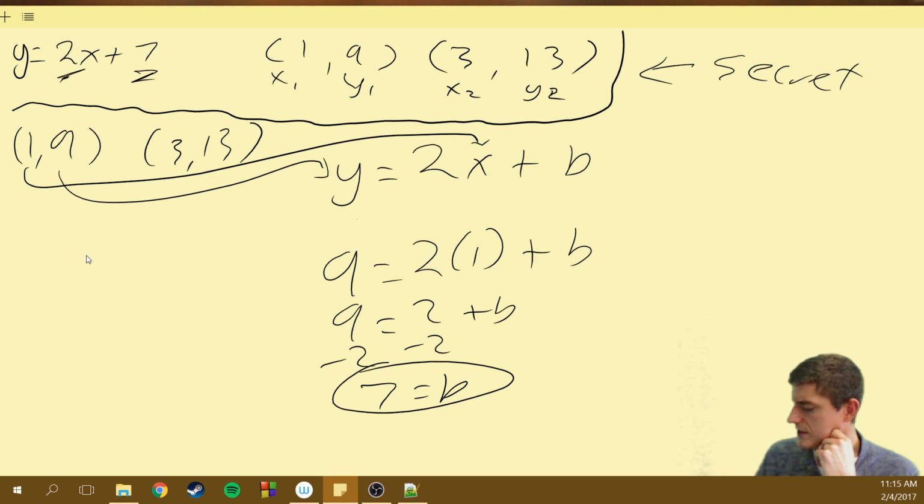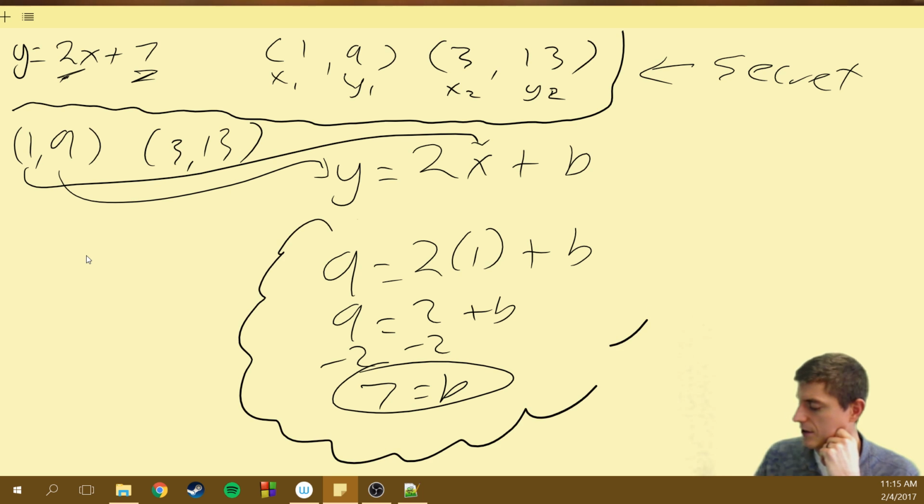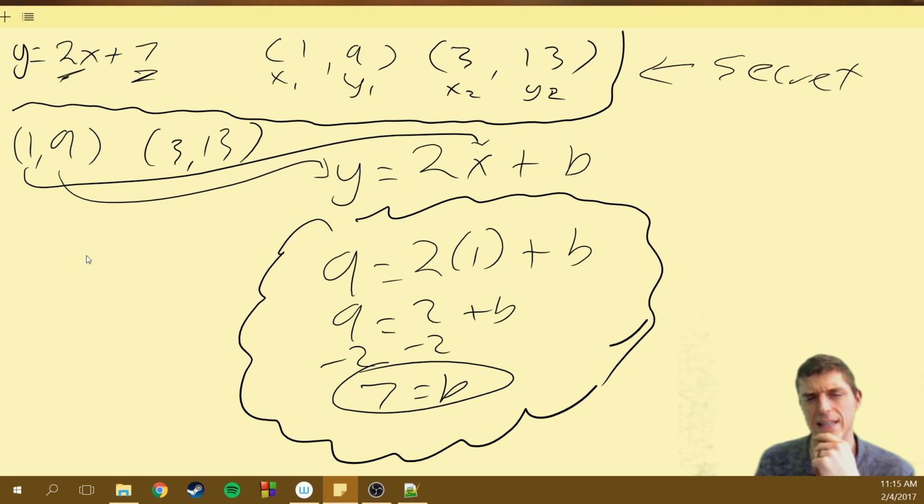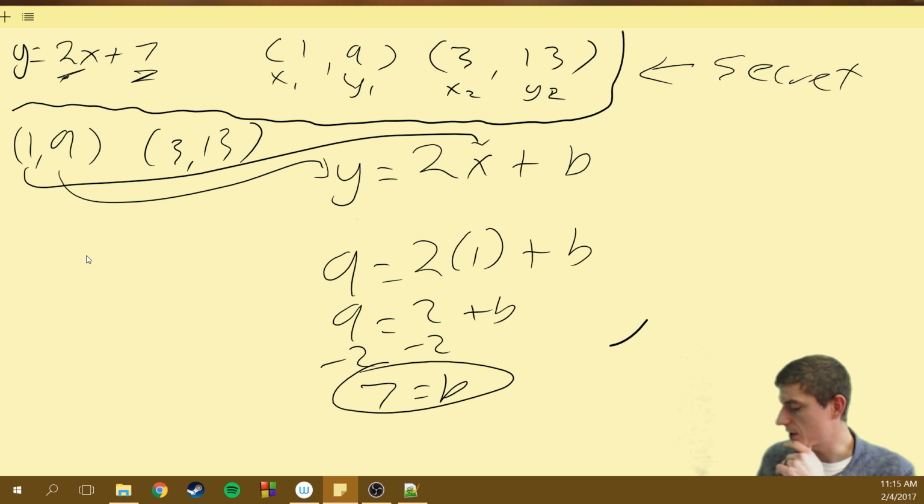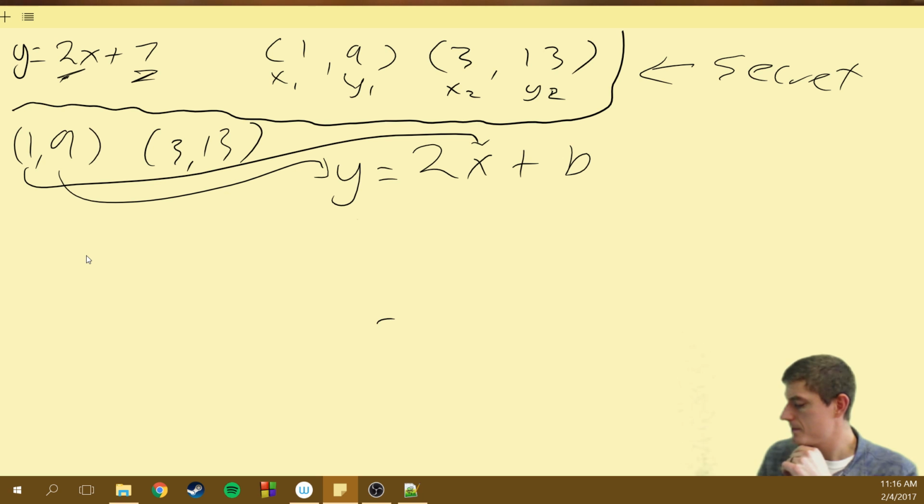But remember, this is the specific case. I don't very much care for the specific case, right? I want to figure out the general case. How would I solve for any b value? So let's go back to here, right? What I said was I wanted to plug in my x and y here. So I'm just going to call this one y1 and x1.